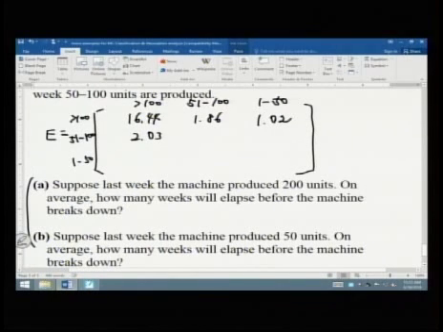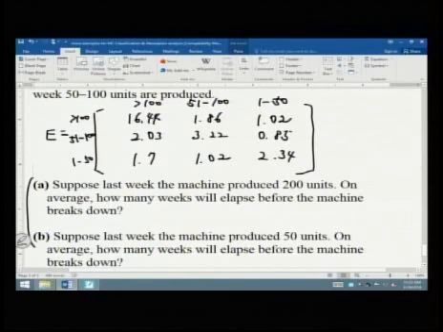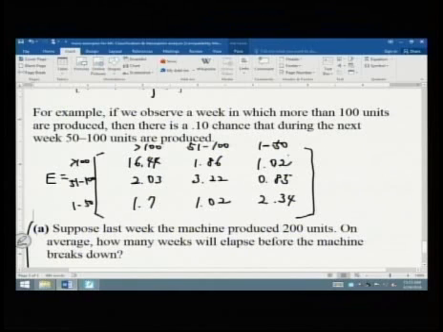Okay. 3.22? 0.85? 1.7? 2? 3, 4? 37? Okay.